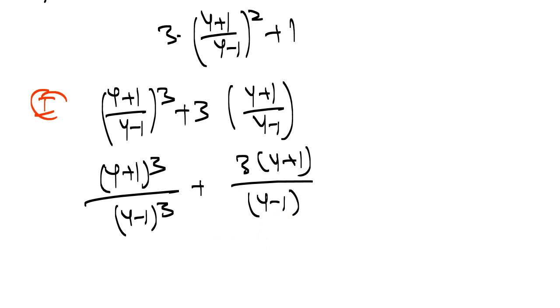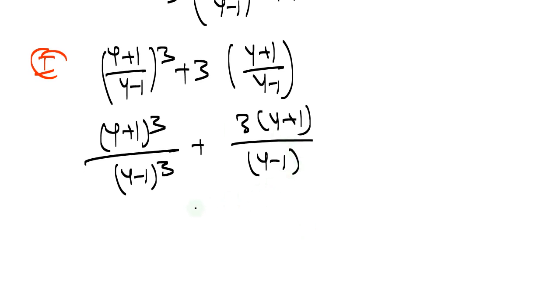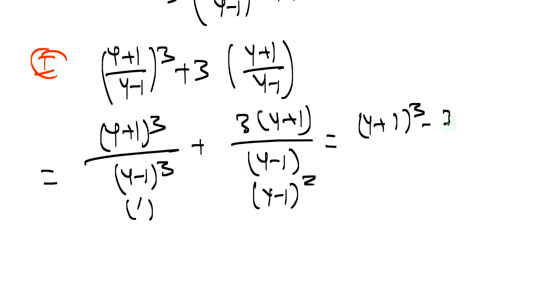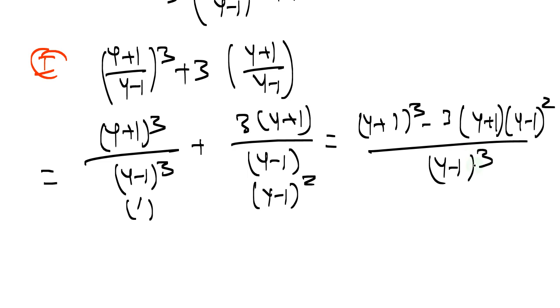So finding a common denominator here, we have to multiply this one by y minus 1 to the power of 2, right? And here by 1, so this is gonna be equal to y plus 1 to the power of 3 minus 3, which multiplies y plus 1 times y minus 1 squared, all divided by y minus 1 to the power of 3.